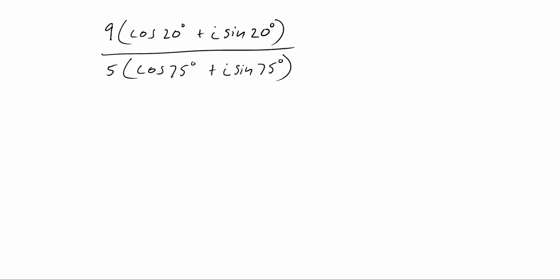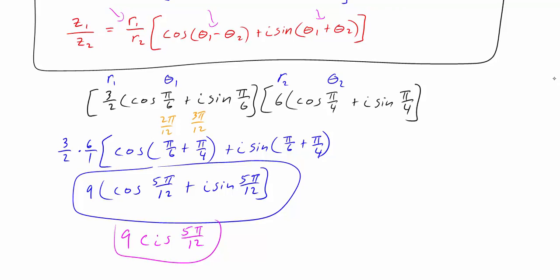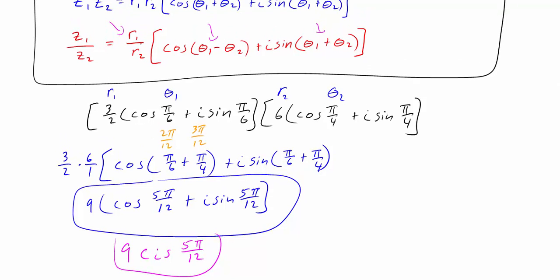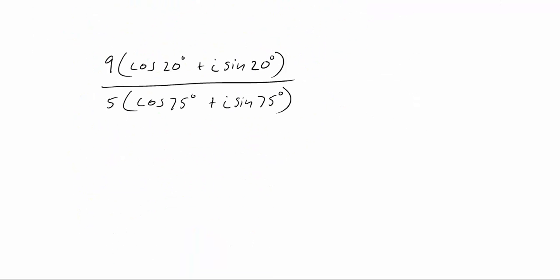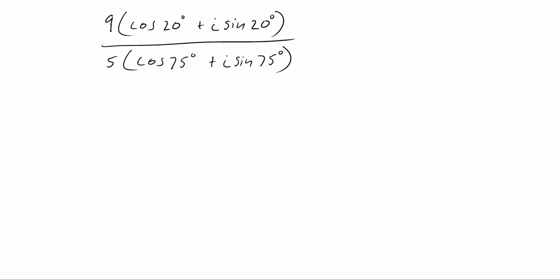Now if we look at the formula for division, we have r1 over r2, and then we're simply going to subtract the angles. It's very similar, except now we're going to actually divide. We have r1 and r2, so we would end up with 9/5.